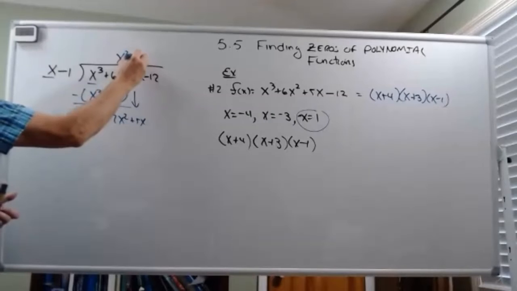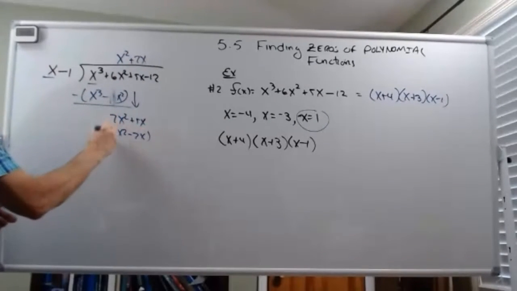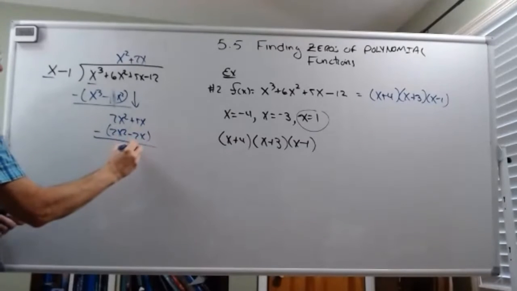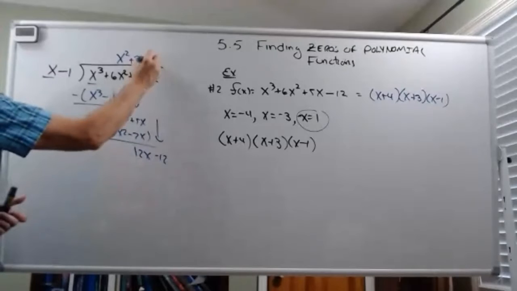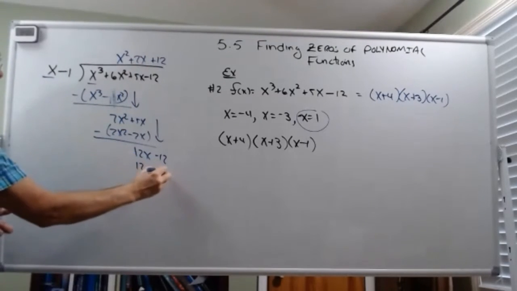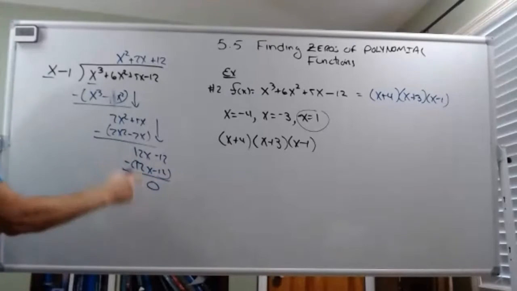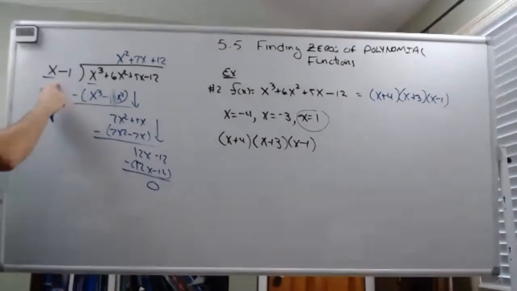Then I multiply that by 7x, so I get 7x squared minus 7x. Subtracting, I get plus 12x, and bring down the negative 12. Now I get 12x minus 12, so when I subtract, I get a 0 remainder. Anytime you get a 0 remainder, that means it's a factor.